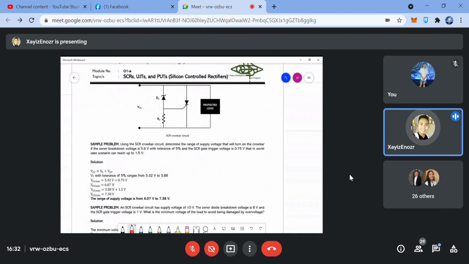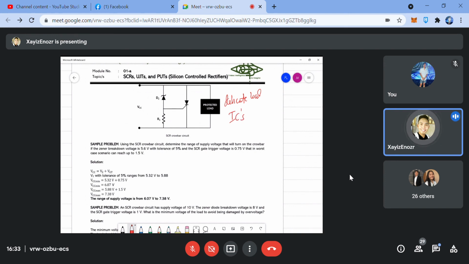Ito yung isang classic crowbar circuit. Pag sinabi kasing crowbar circuit, ang ginagawa nito is protektahan niya yung delicate loads or mga sensitive loads, particularly yung mga ICs natin. Anong ginagawa ni SCR?